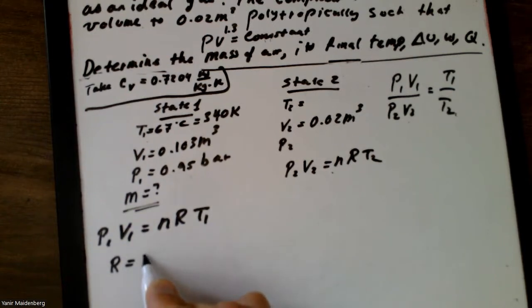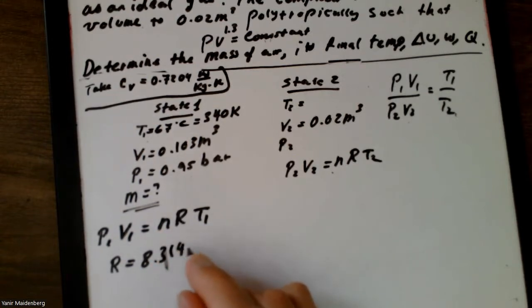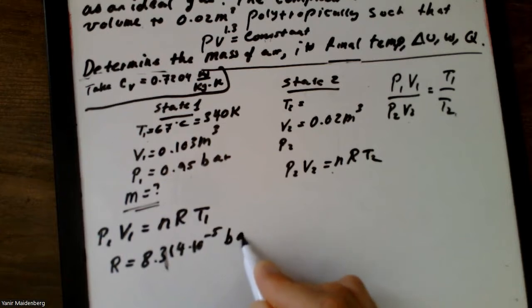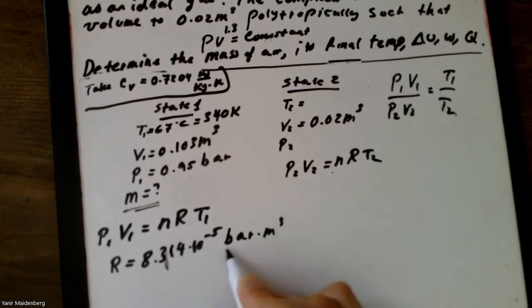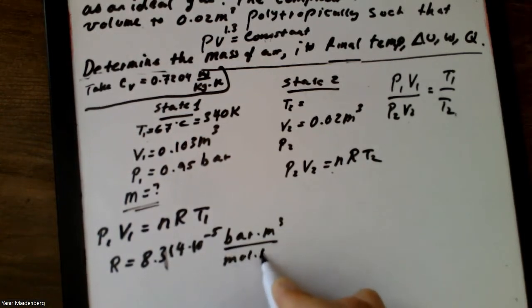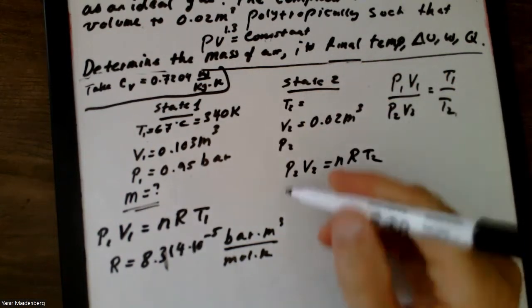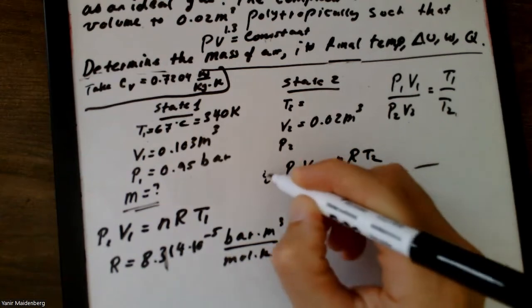And the one that will fit the bill here is 8.314 times 10 to the minus 5th. And that's going to have bar, meters cubed, moles, and K. Okay, so let me just kind of dot that around so we're not going to confuse that.